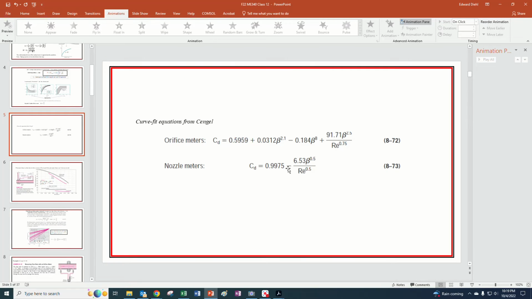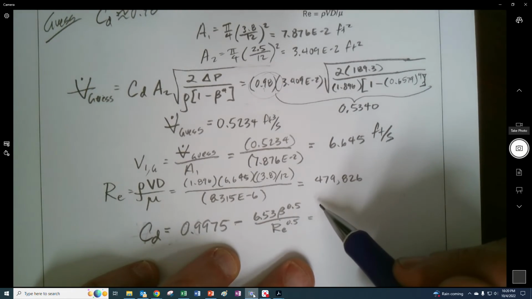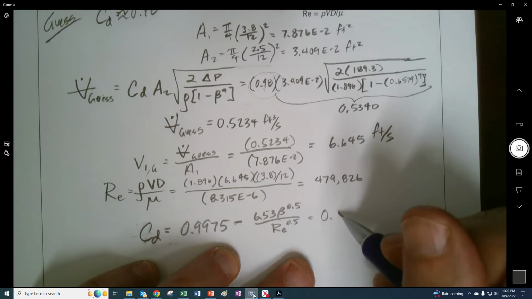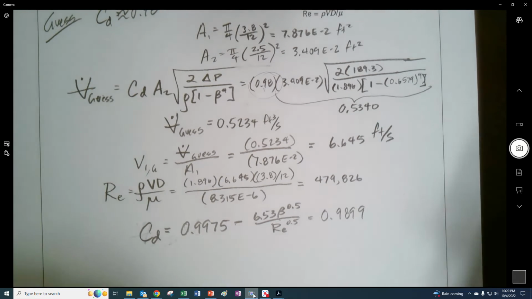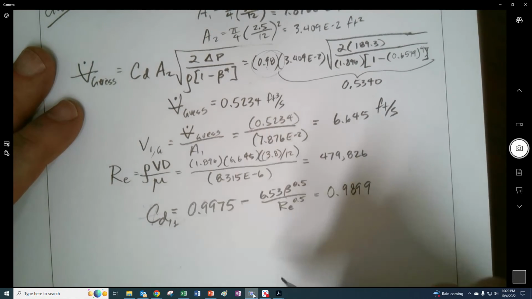We can take this equation, CD is equal to 0.9975 minus 6.53 beta raised to the 0.5 and divided by Reynolds number raised to the 0.5. All right, so we plug that in, and what we end up with is 0.9899. Great. So this is, call it, the first iteration.